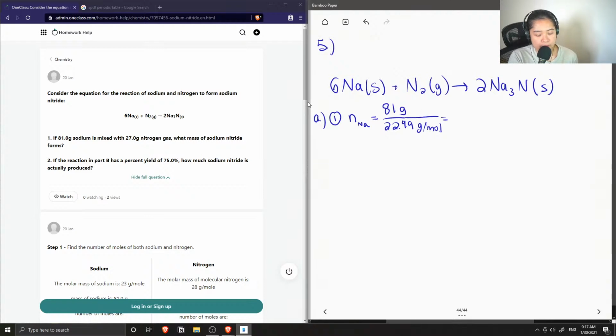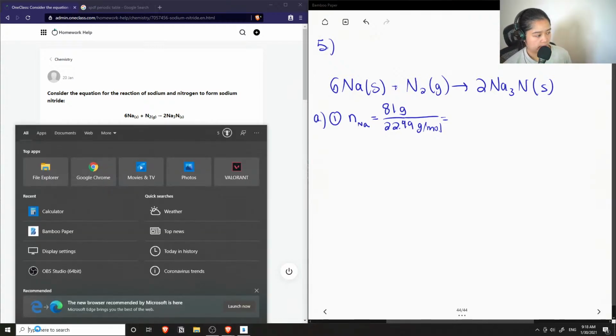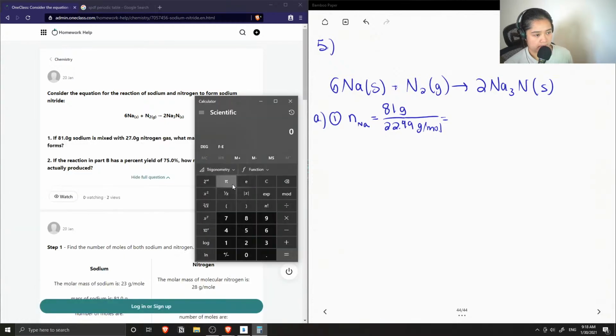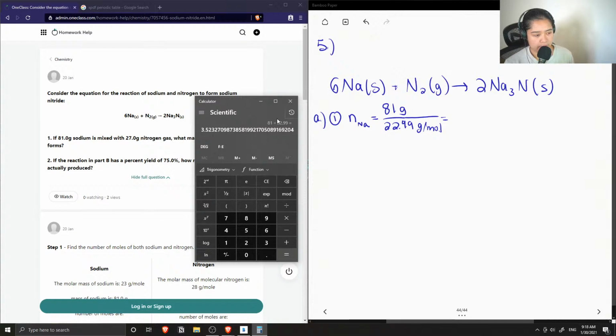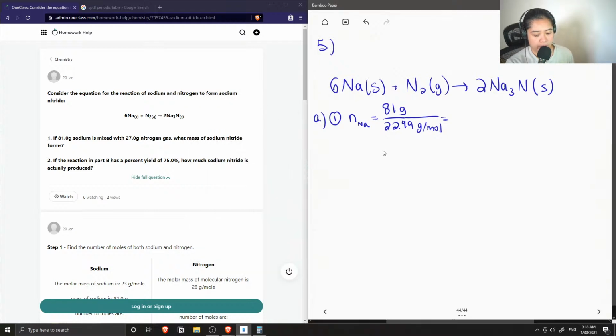So therefore, the number of moles for sodium, let's calculate it, is equal to 3.52 moles.